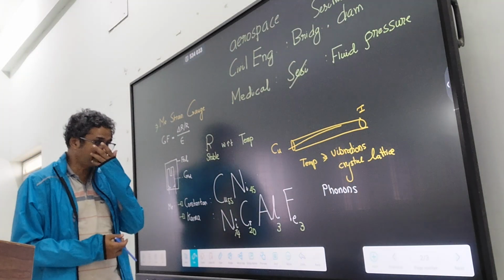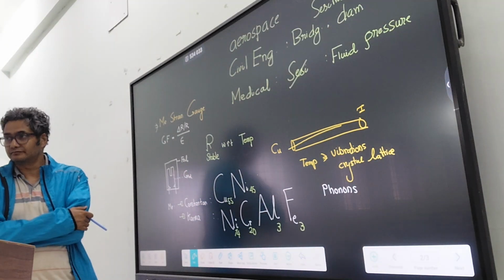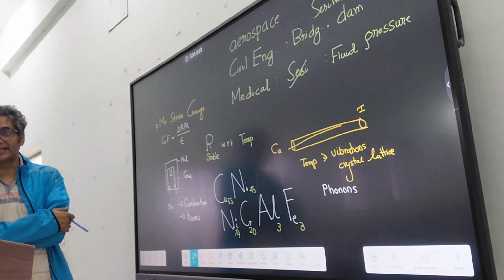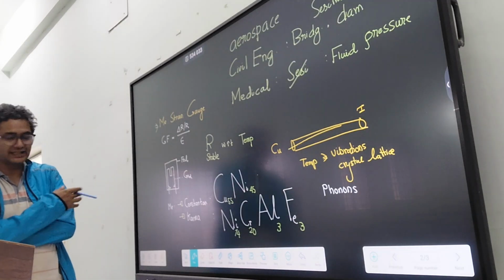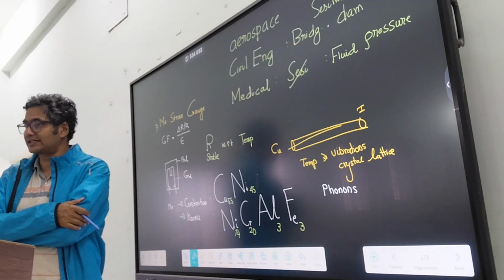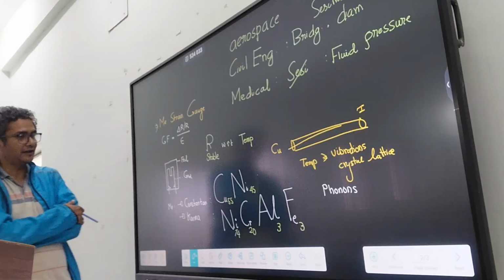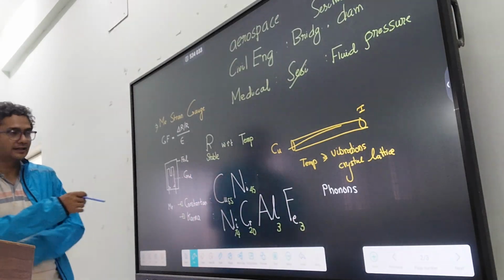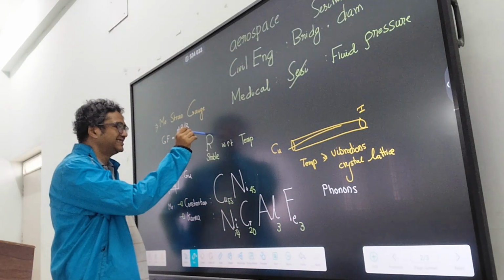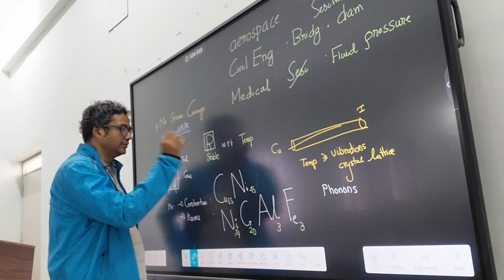So we cannot have such material for a metallic strain gauge, because then whenever there is a temperature change, it will affect its gauge factor. So we need to have such material where the resistance is stable.